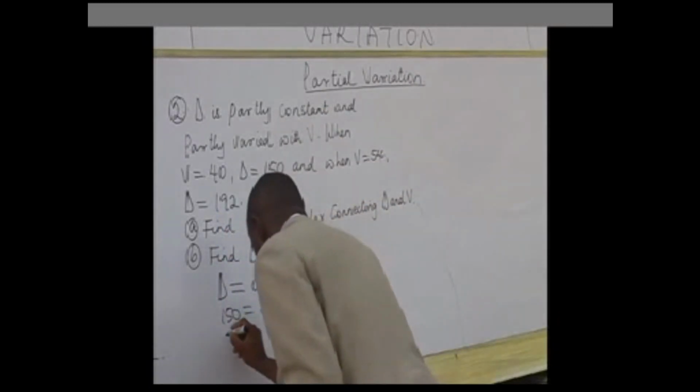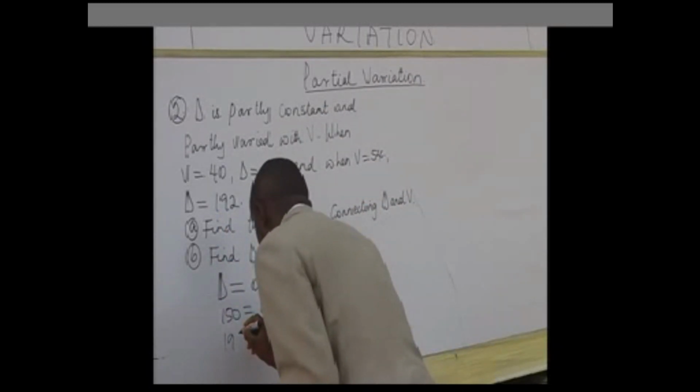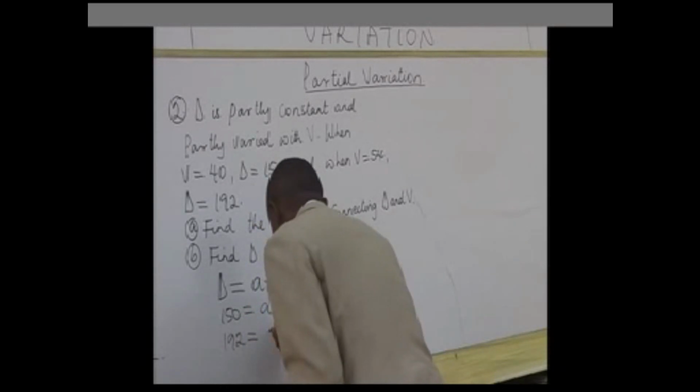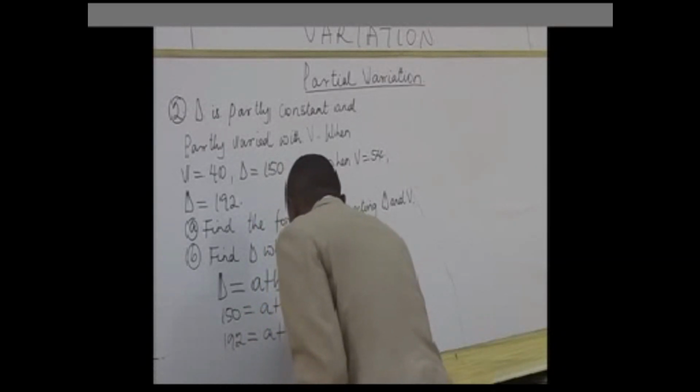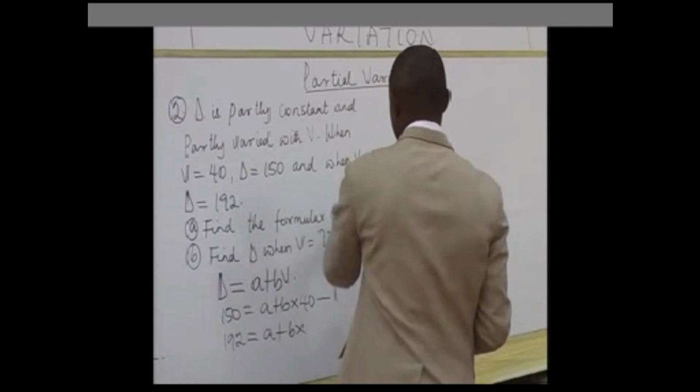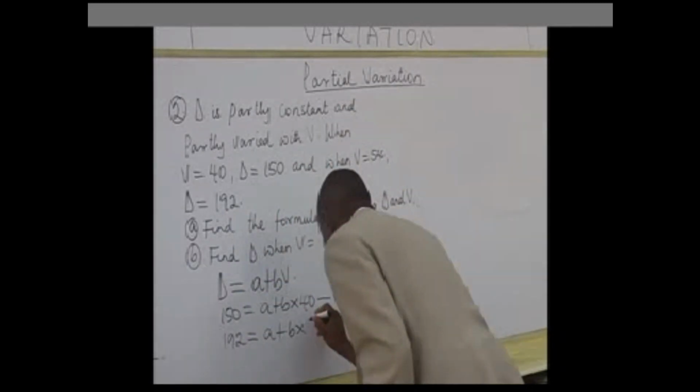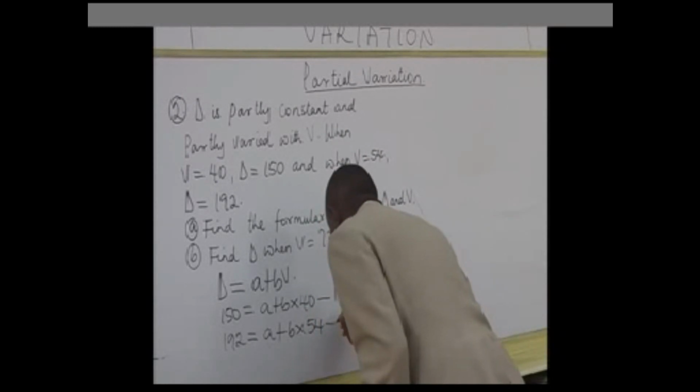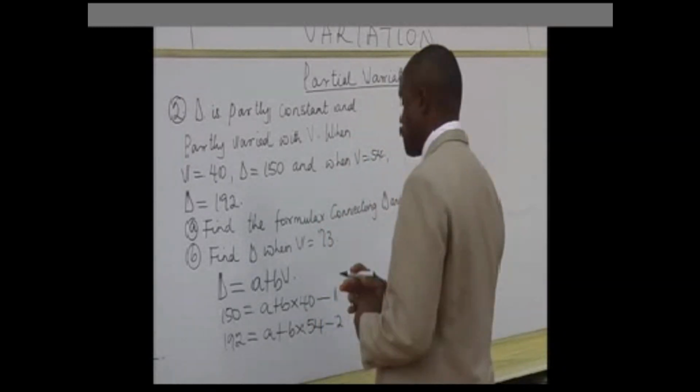So 192 for D is equal to A plus B times 54 for V. This is the second equation.